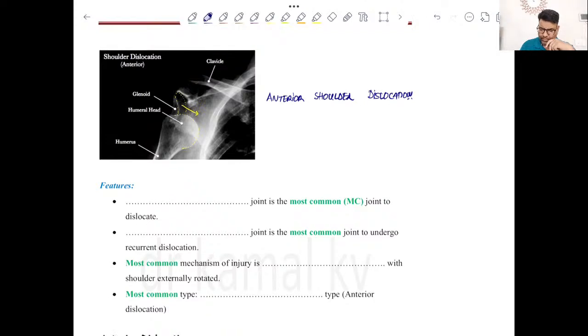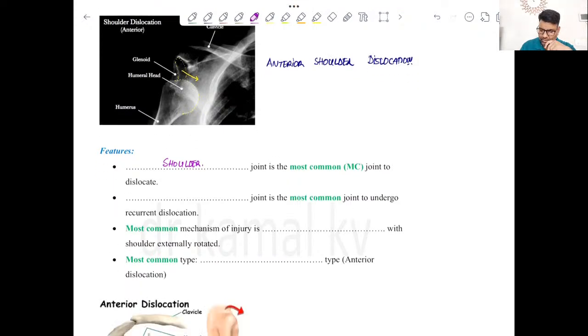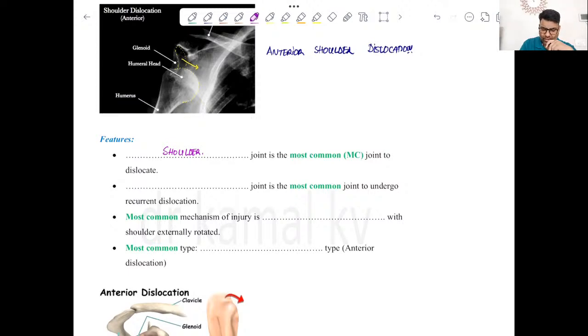and amongst all the joints of the body, shoulder joint is the most common joint to dislocate, right? So it is the most common joint to dislocate, and if not managed properly, there are chances that it will dislocate again and again.